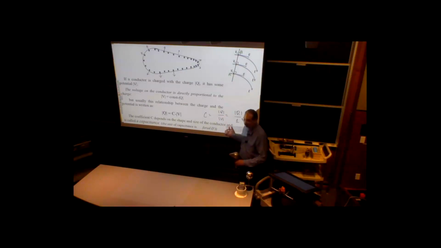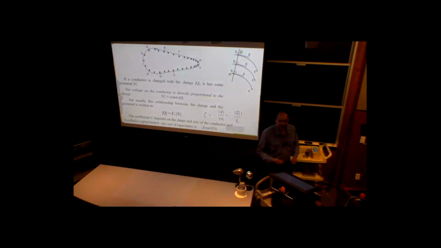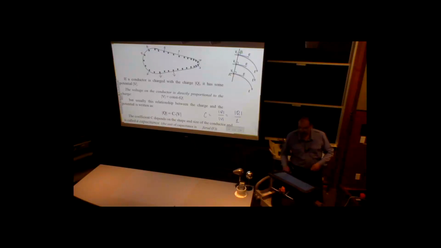That's it. And for different objects, that amount is different. If we have a very large sphere, it can store a lot of charge. And for the very large sphere, we would need a large amount to increase the potential by 1 volt. For a small sphere, less.